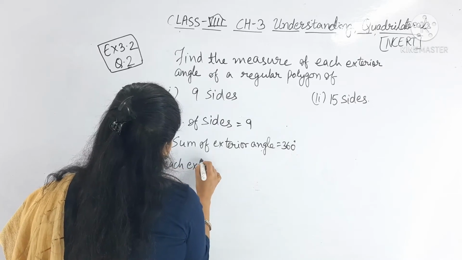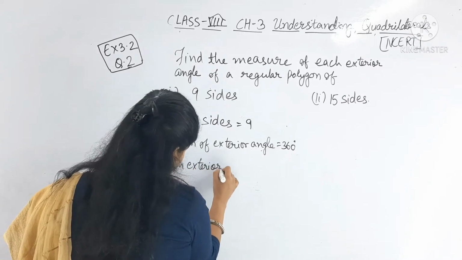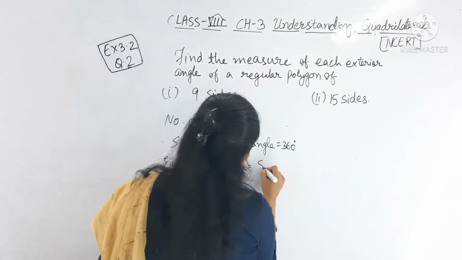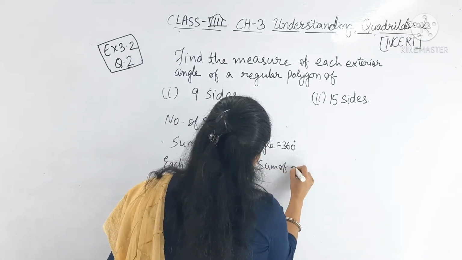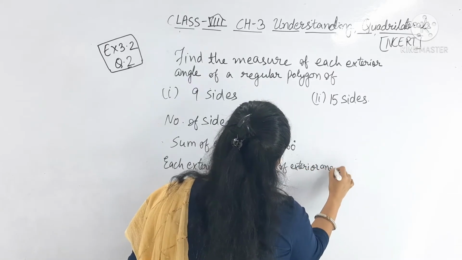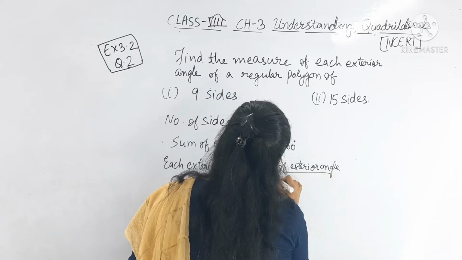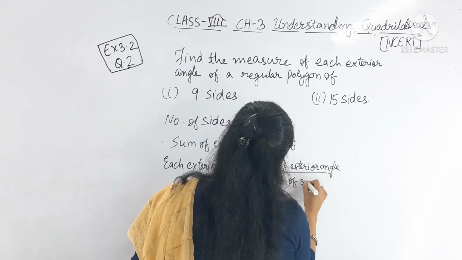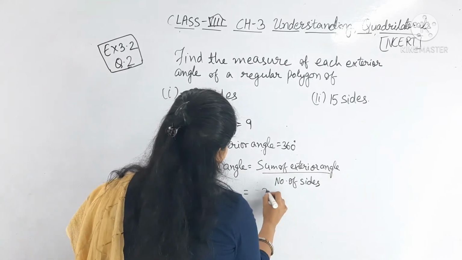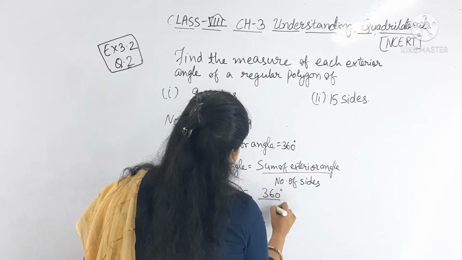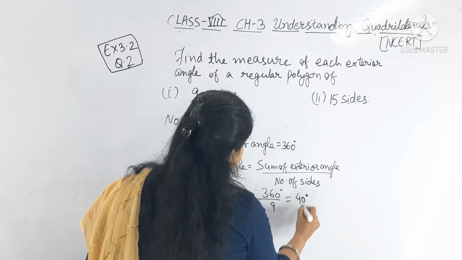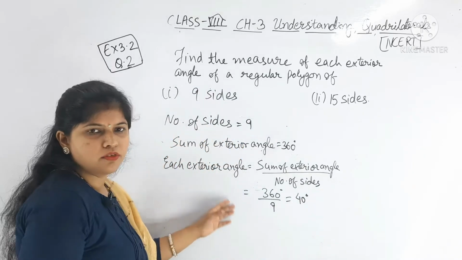So each exterior angle, we have the formula, you have to learn this formula, equal to sum of the exterior angle divided by number of sides, equal to 360 degree divided by 9. We know 9 4s are 36. So here it is 40 degree by the formula.